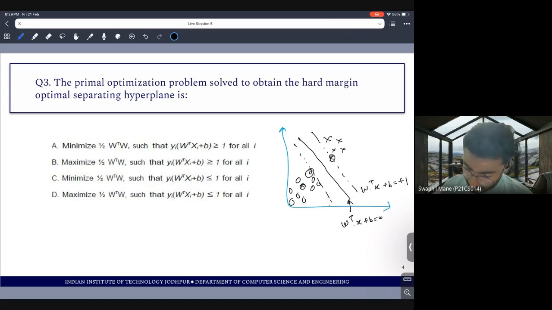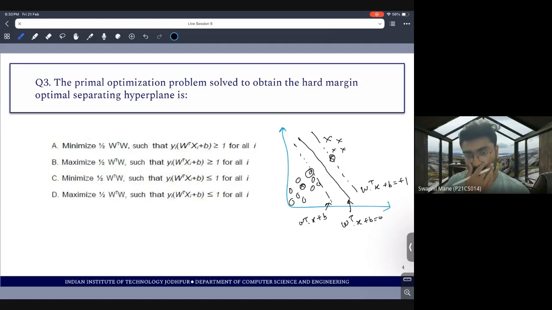And the equation for the margin below the line gives us minus 1, w transpose x plus b, right?